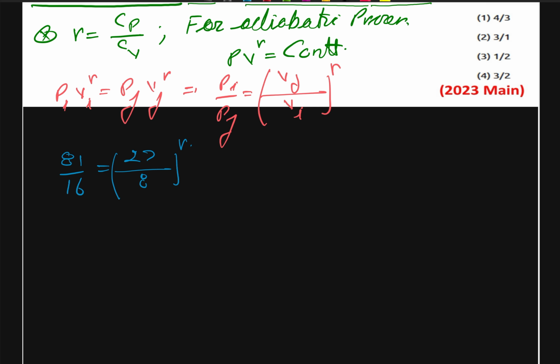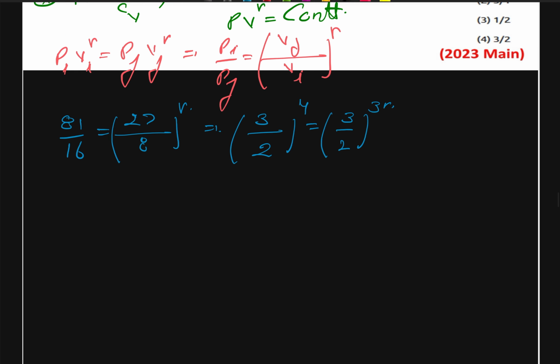We can modify it, and this can be written as 3 raised to power 4 over 2 raised to power 4 is equal to 3 over 2 whole cubed raised to power gamma, so this will be 3 times gamma.